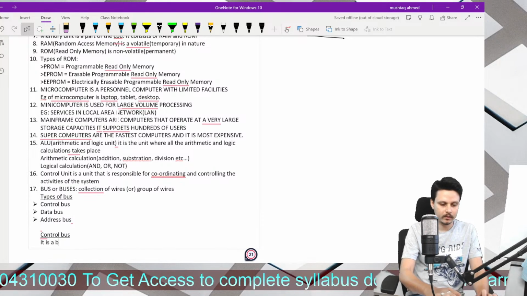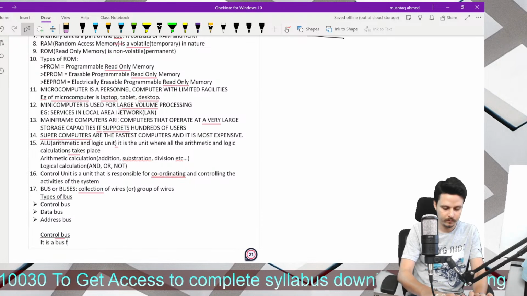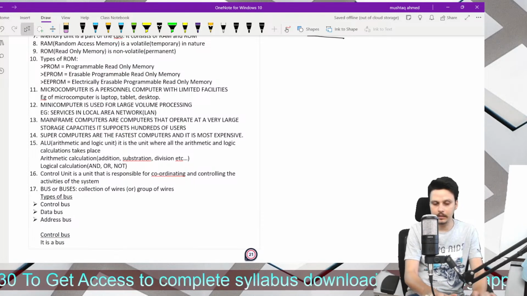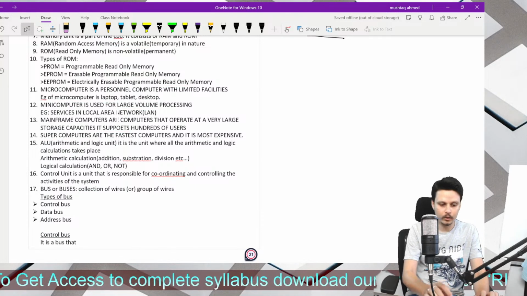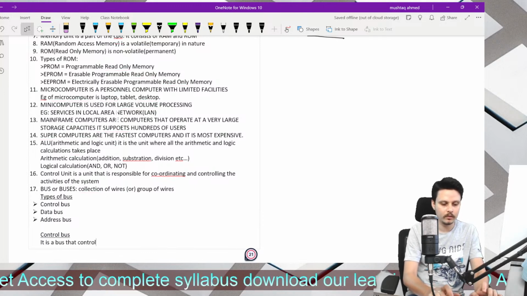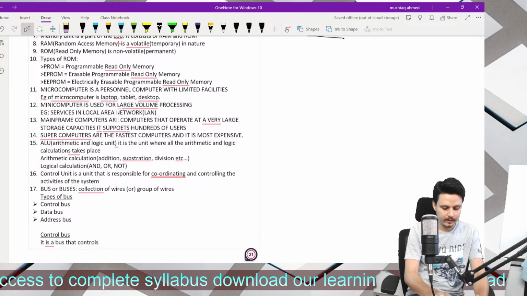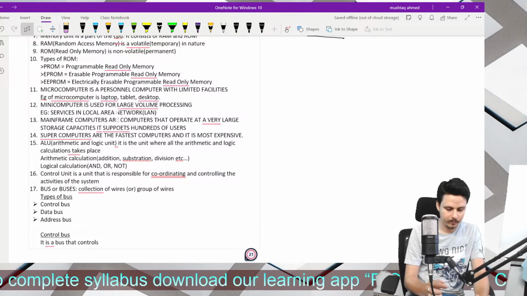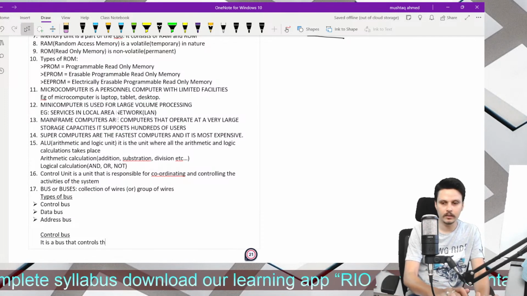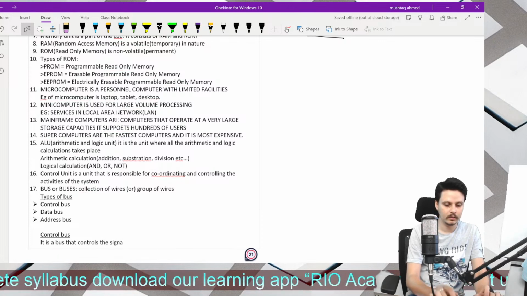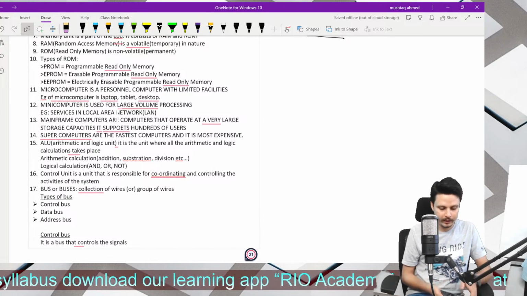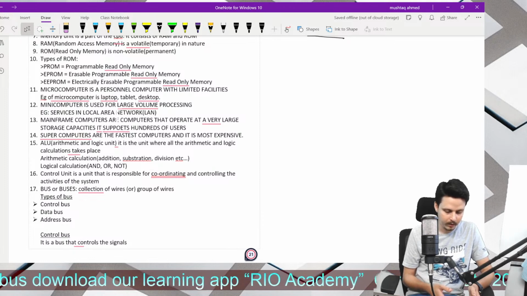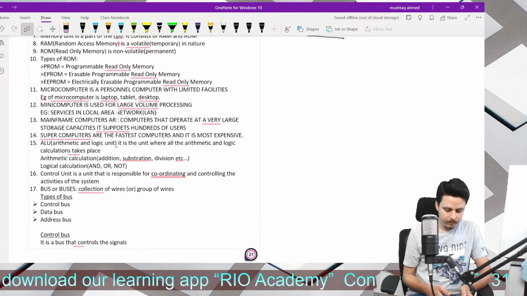It is a bus that controls the signals. I will give it in detail, just wait for a while.